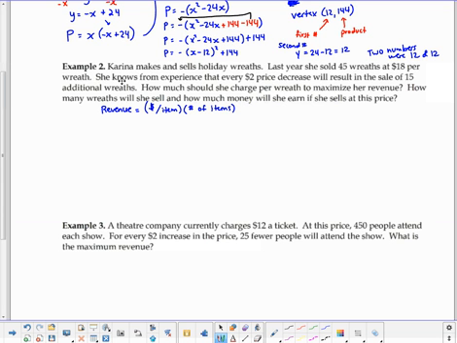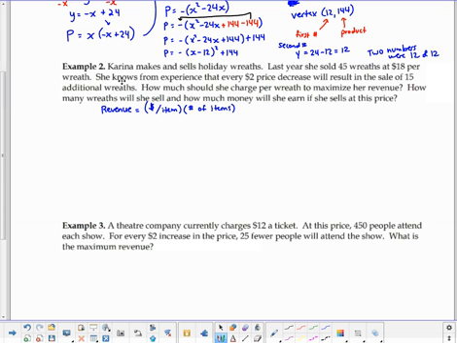Yeah. Good for her. But she wants to make more money. Can't blame her. She knows from experience that for every $2 she decreases the price, it will result in the sale of 15 additional wreaths. She likes going to those craft sales. How much does she charge per wreath to maximize her revenue?